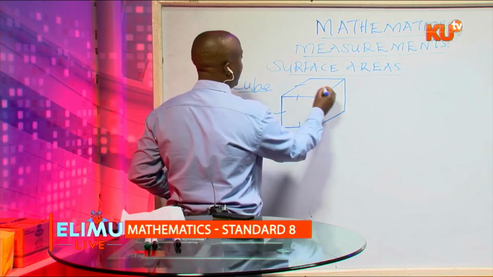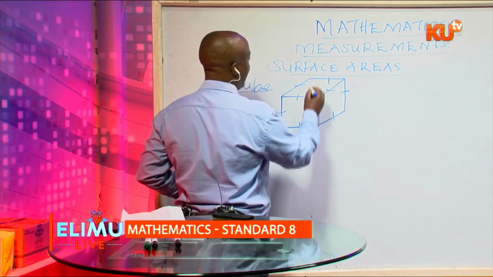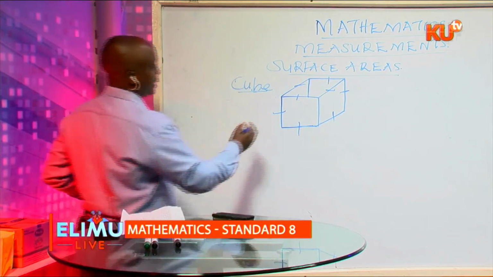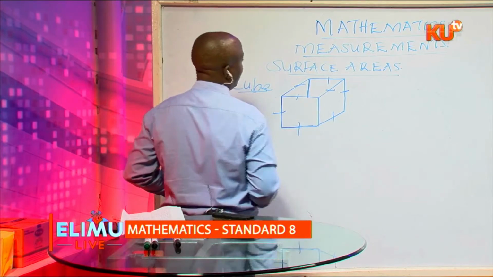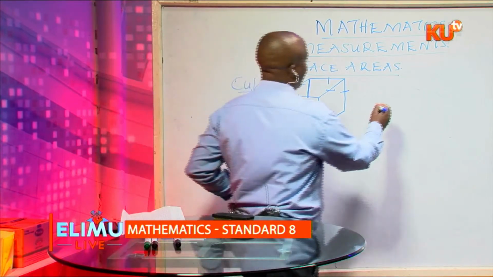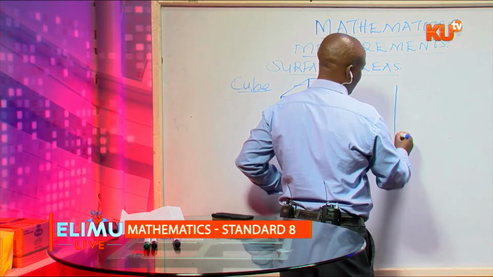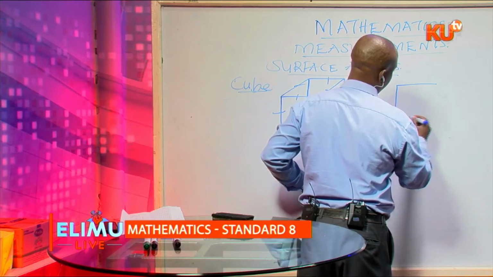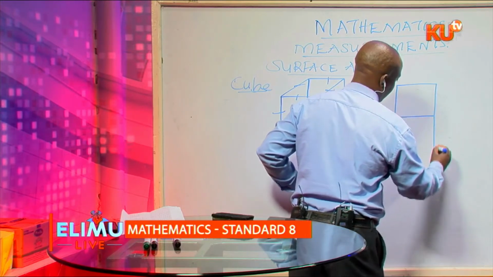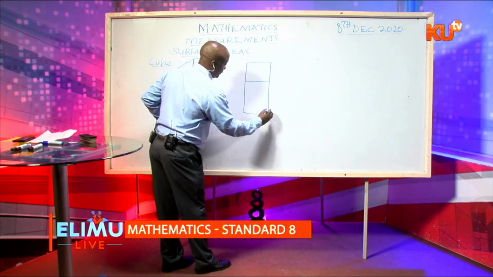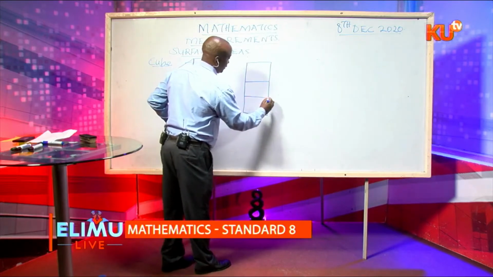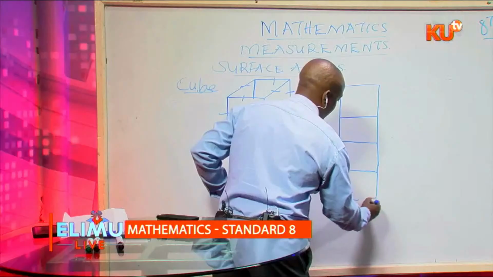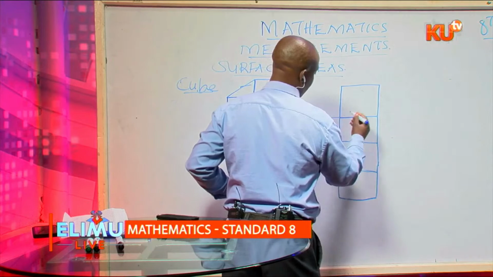Then we indicate that all the edges are equal, and then it is open. So when you look at it, it looks like it's open. So when we draw a net, I have a net of an open cube. So we are going to have this.